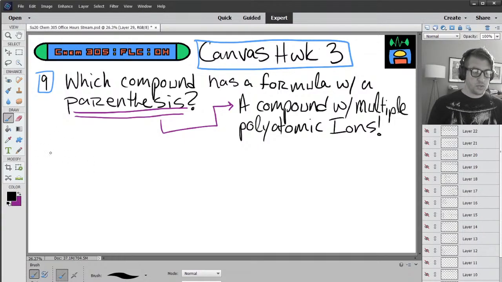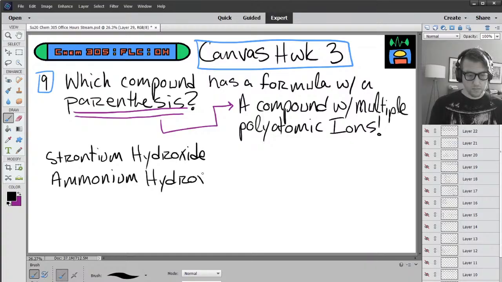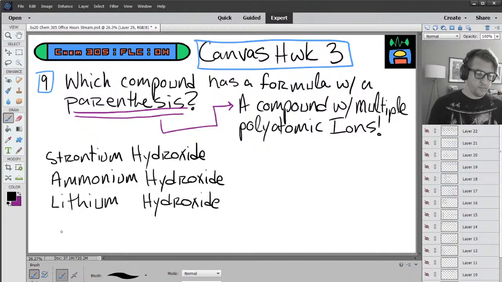So we have strontium hydroxide, ammonium hydroxide, lithium hydroxide, and barium carbonate.